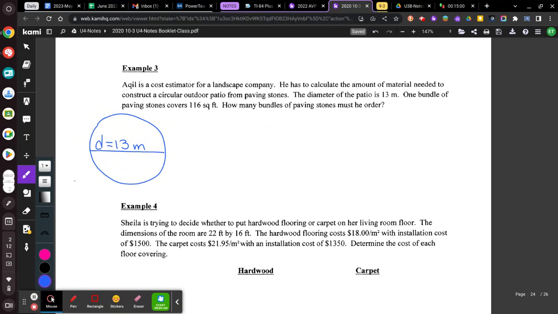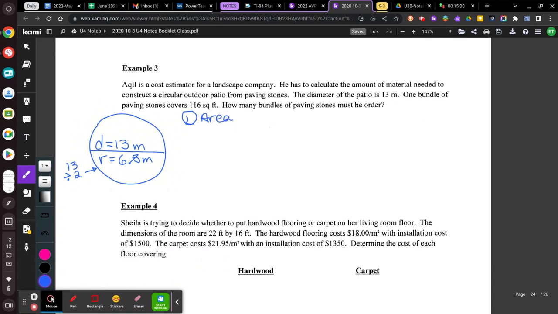Well, first of all, if I know my diameter, I need to find my radius. Radius is half as big. So I'm going to divide 13 by 2, and my radius is 6.5. So the first thing we have to do is find the area.